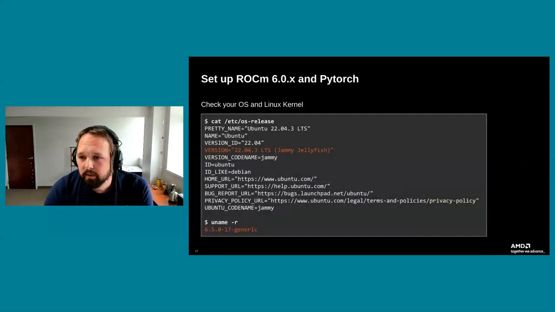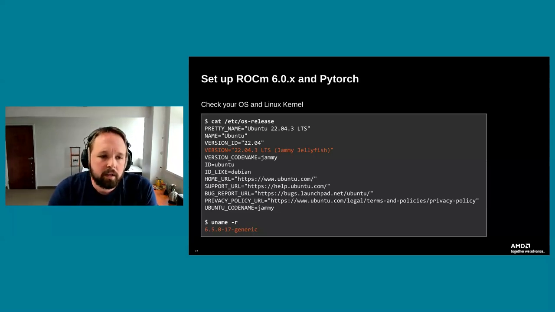If you're new to the system administration game, there's two things you can run on the command line to spit out what operating system you're on and what Linux kernel you're on. So if you just cat /etc/os-release, look at the version line, that will tell you the exact version for that release of, in this case, Ubuntu. And if you run uname -r, you can spit out that kernel there.